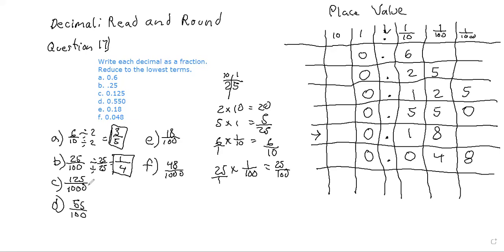That's the lowest terms. Now we do the same thing for 125 over 1,000, and the largest number for that one is going to be, I believe, 25 again. Is that correct?